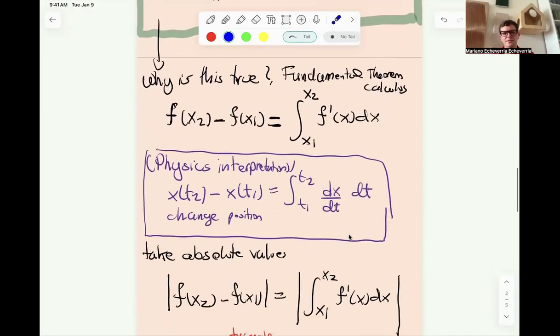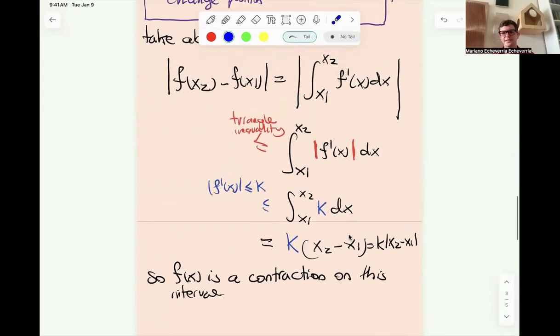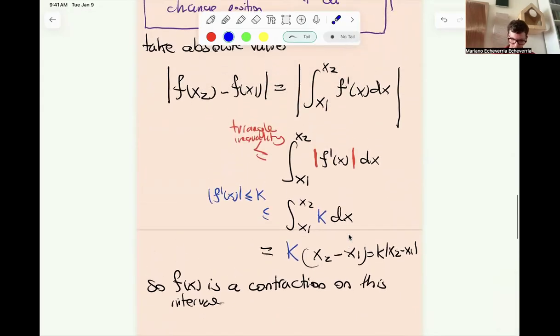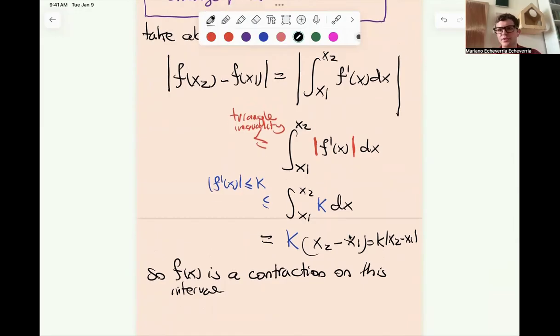So I just put it there so that it would look exactly as how I wrote it with the condition of being a contraction, but it's not necessary here because I did this assuming that x2 was bigger than x1. You see, so you can leave it without the parentheses.